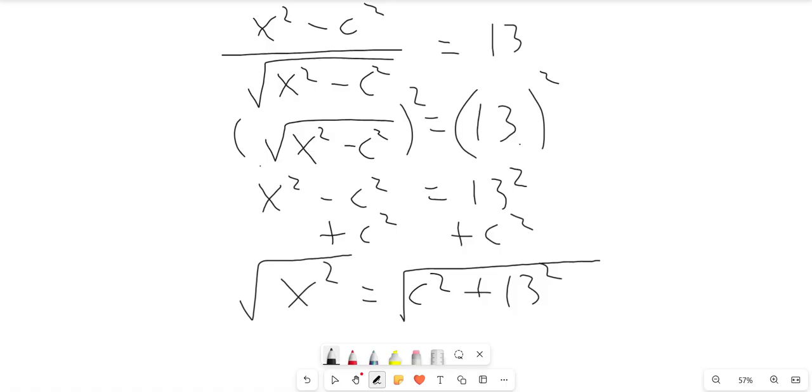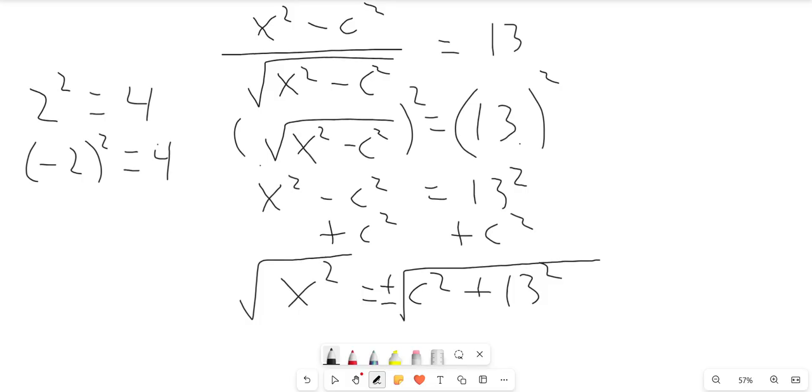But on the right side, we have to consider the plus or minus root, because consider that 2 squared equals 4, but negative 2 times itself also equals 4. So when taking the square root of both sides to solve for a variable, we have to consider both the plus and minus root.